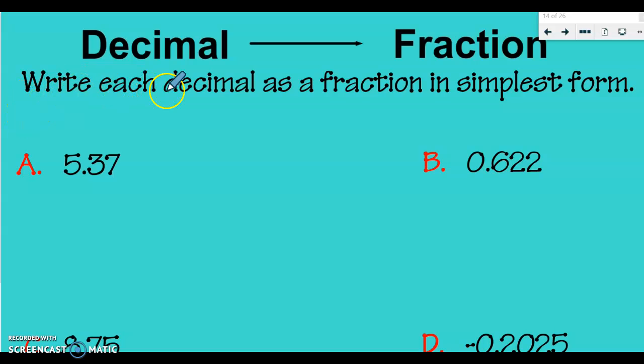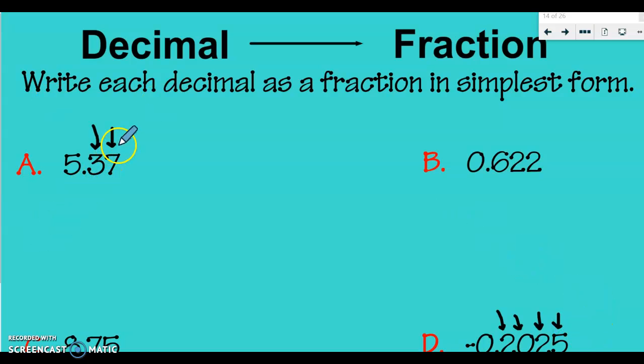So our next step is to write each decimal as a fraction in simplest form. The key thing here is to understand the place value of your decimals. Here's the 10th place value, 100th place value, and then if you keep going, so let's look at D. There's a 10th place value, 100th place value, 1000th place value, and 10,000th place value.